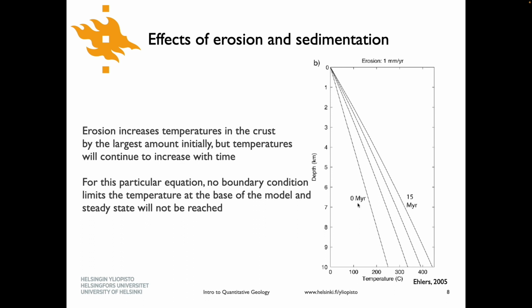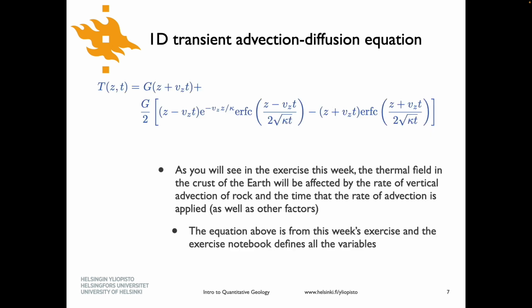And so if you start out at 0 million years here, after 15 million years, the temperature would have increased to follow the line that is here. And for instance, at the base at 10 kilometers depth, in this model, your temperature would have gone from 250 degrees or so up to something more like 430 or something like that. I don't know actually what the value is there, but you can see that it's increased significantly. This is using that same equation that we just saw here.